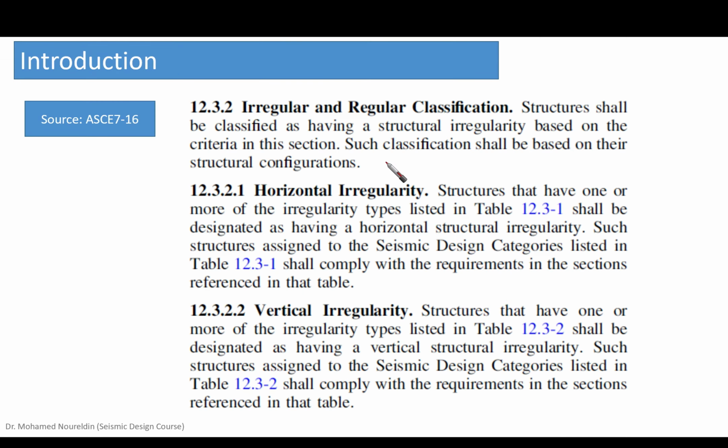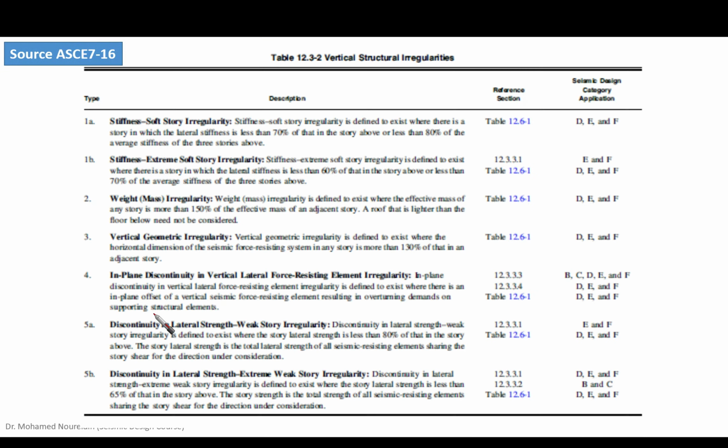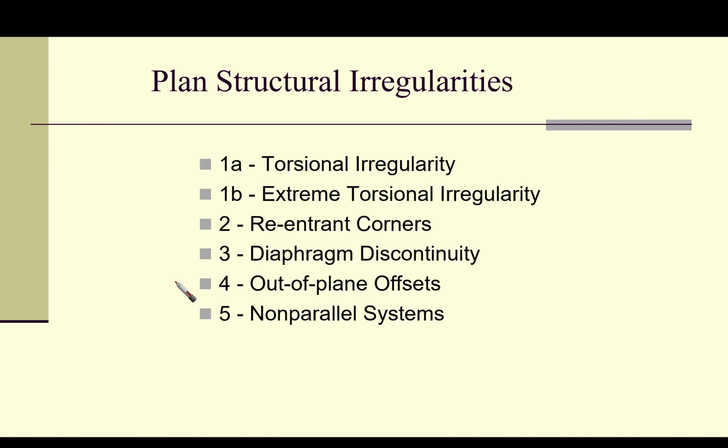Now this is what is written in the body of the code. Now let's go and understand each irregularity in detail and understand how this would happen. For the plan structural irregularity, which we can call horizontal or plan, we have, as we said, 1 to 5. The first one is torsional irregularity, which is 1A, and under 1 also there is 1B, which is extreme torsional irregularity.